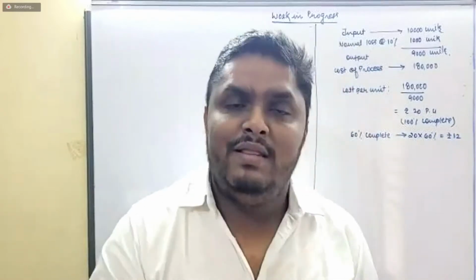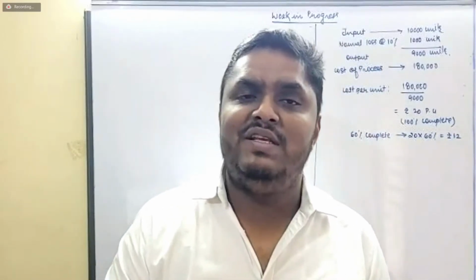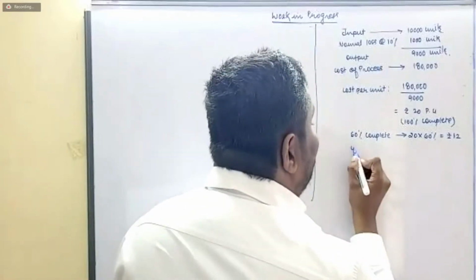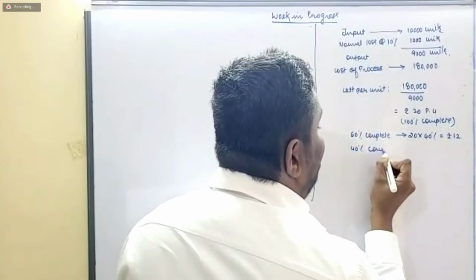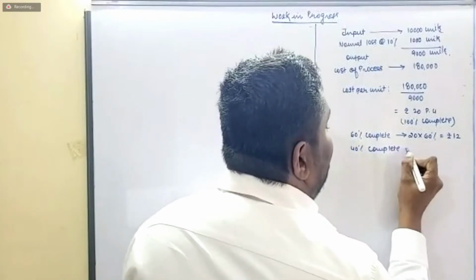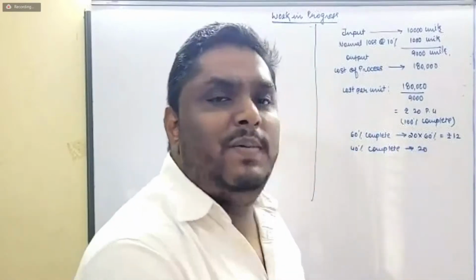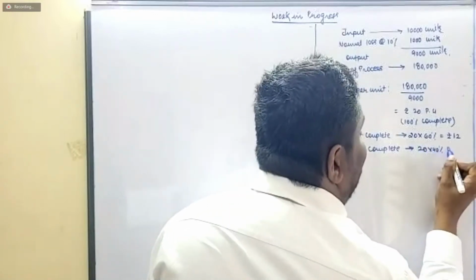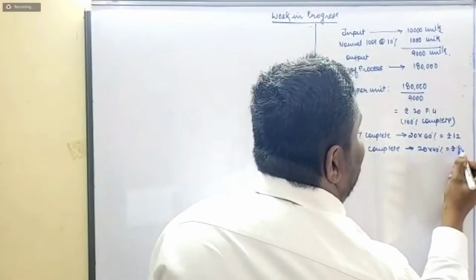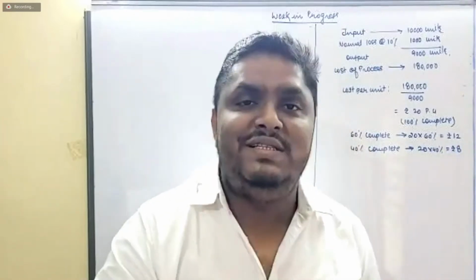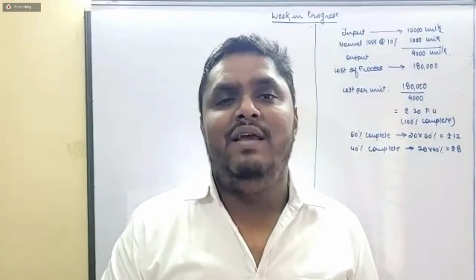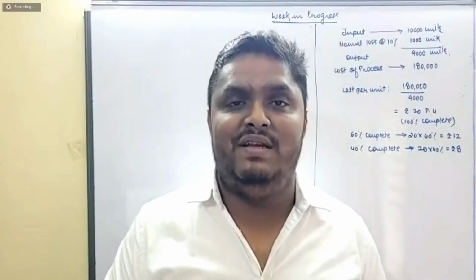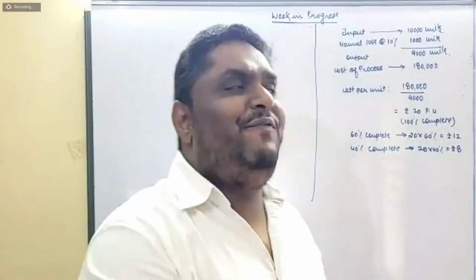If we want to calculate the cost of units that are 40% complete, again 20 is the cost of 100% completed units, so the cost of 40% completed units is rupees 8 per unit. So this is a very simple situation where we can easily calculate the cost of the units that are 100% complete. Now let's take a different situation.